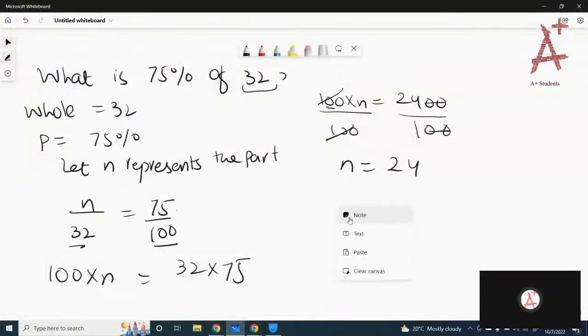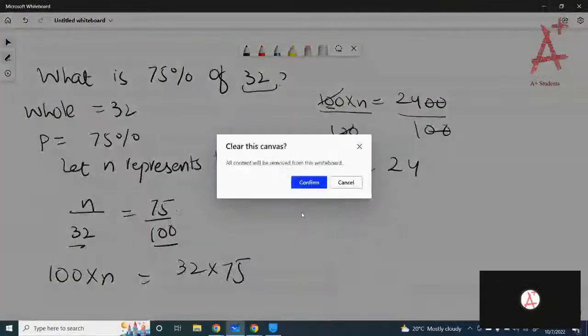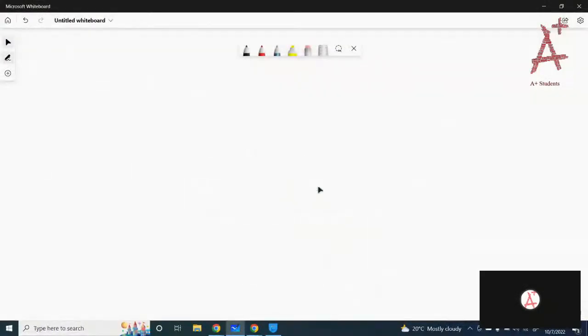Do you have your notebook? Can you do the next one in your notebook? What is 25% of 12? Okay, what is the whole here?